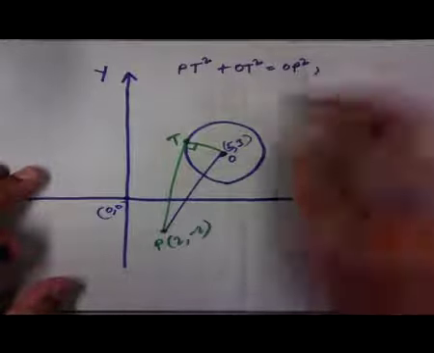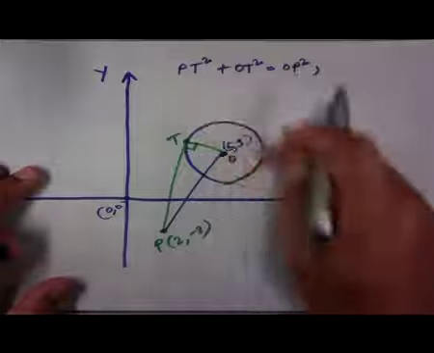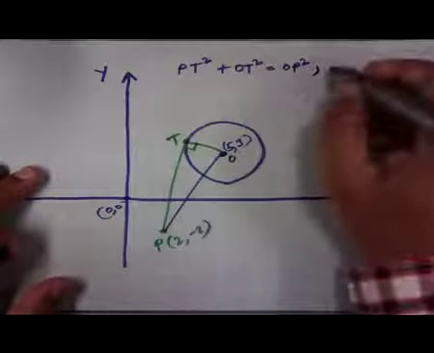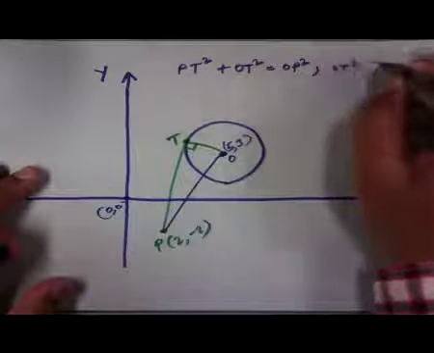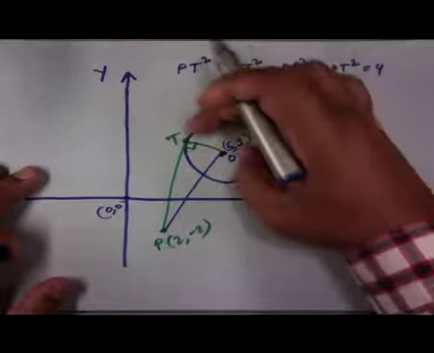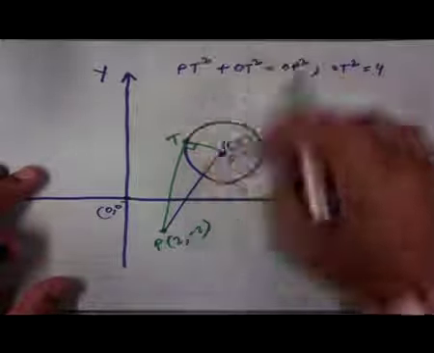Now, clearly the radius of this circle is 2, and therefore, OT square is 4, because OT is a radius of the circle.